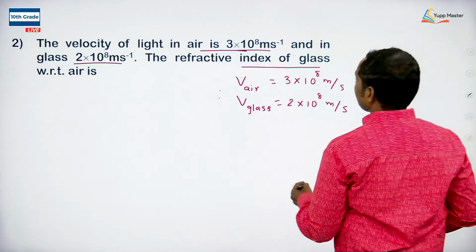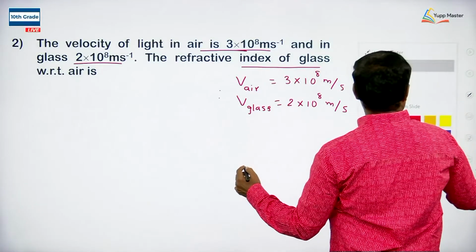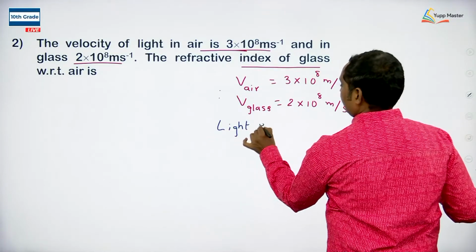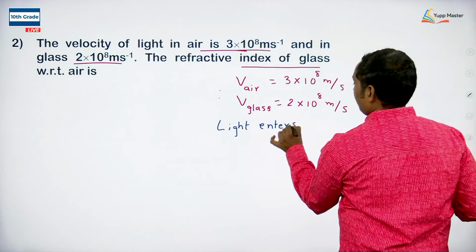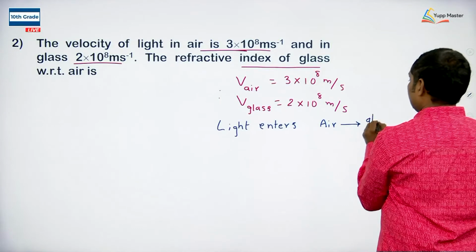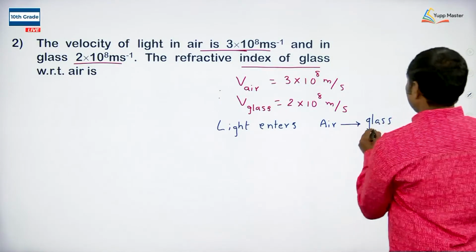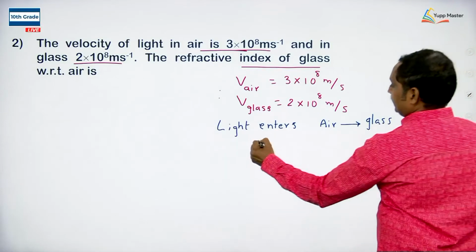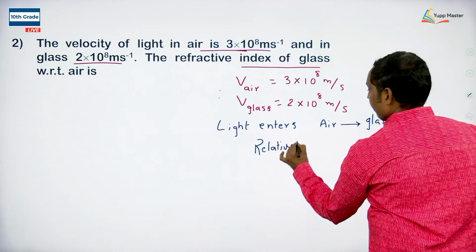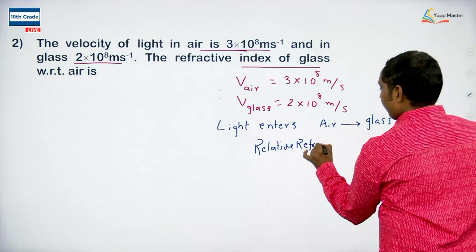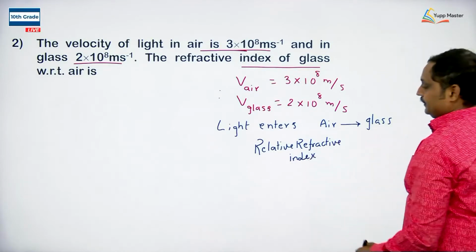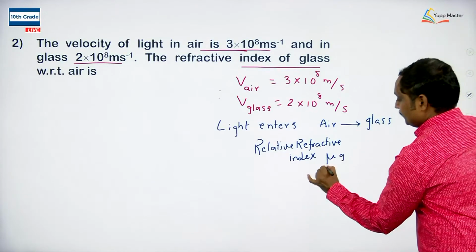Here, the case is light enters from air to glass medium. So, you need to calculate that relative refractive index, that is mu g with respect to air.